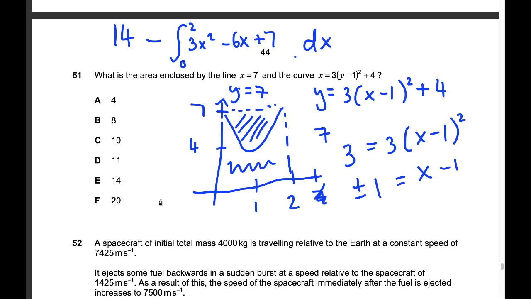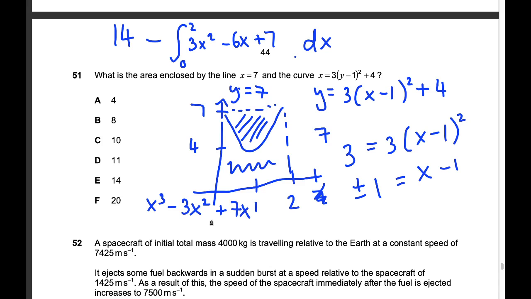The integral of 3x squared is just x cubed, adding 1 to the power divided by the new power, and then we're going to get a minus 3x squared. And then it's going to be a plus 7x.